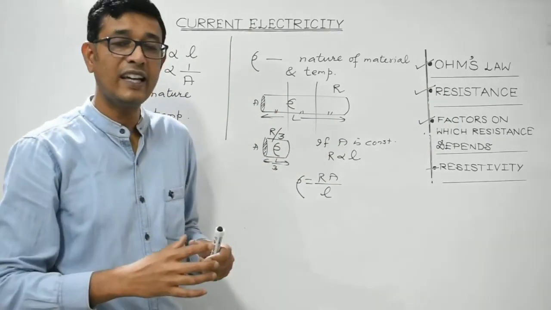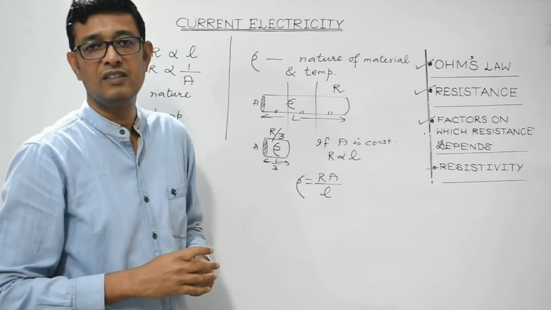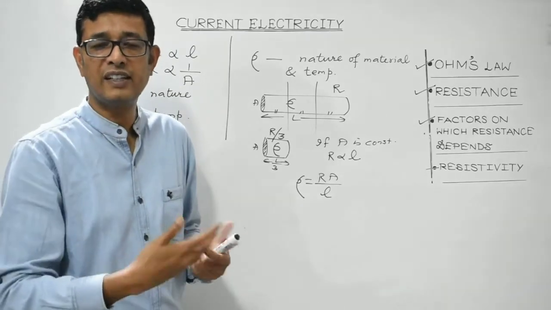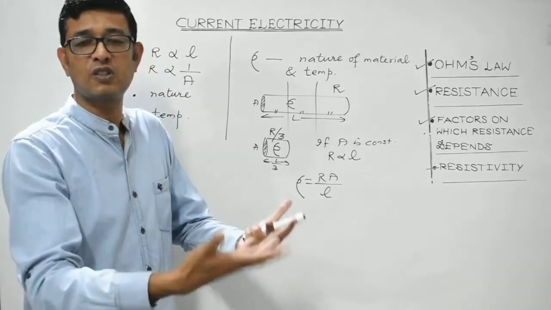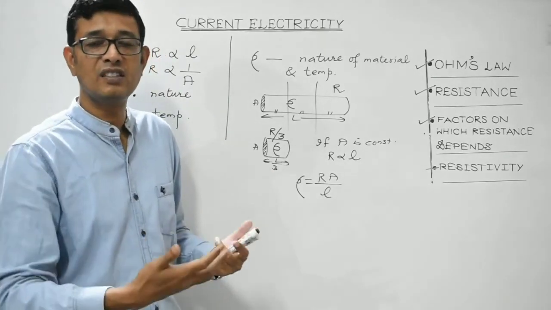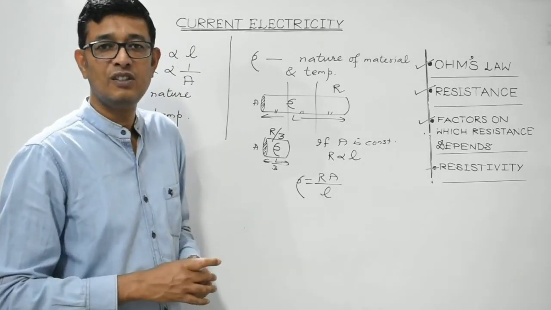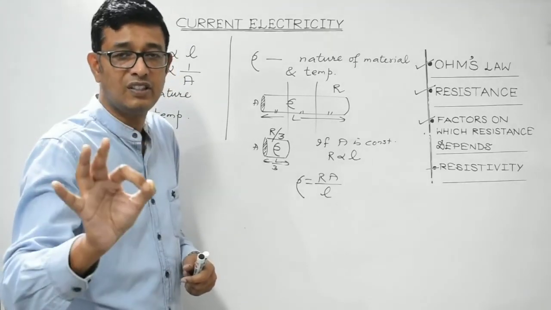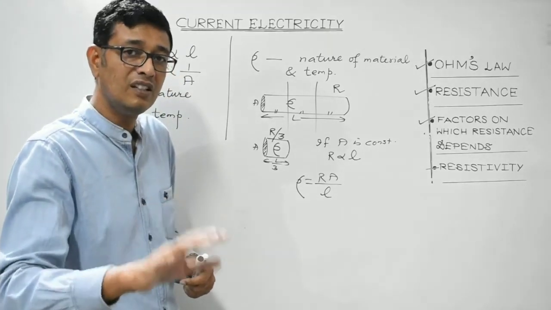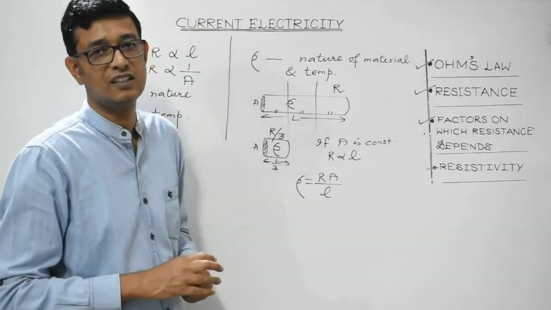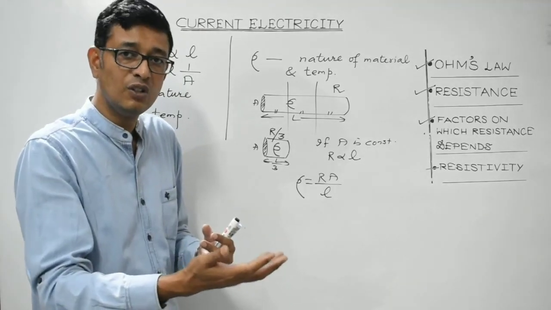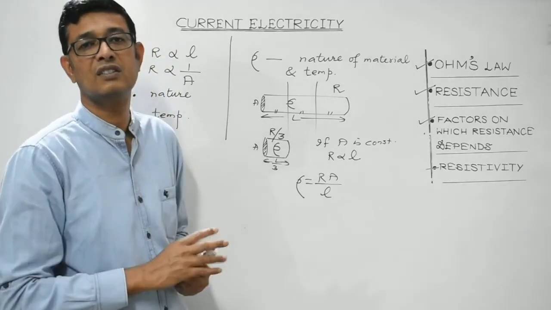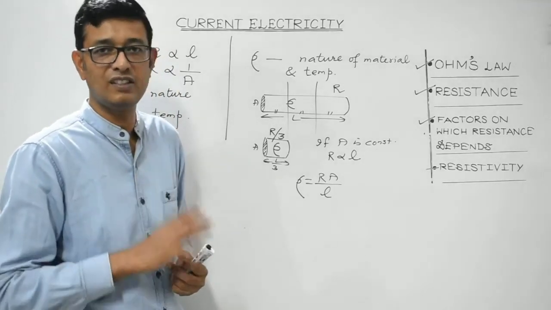That is, collisions take place more frequently. So obviously, more is the hindrance, more is the obstruction. So more is the resistance or more is the resistivity. So always remember, resistivity increases with the increase in the temperature of the conductor. So if the resistivity increases with the increase in temperature of the conductor, so will the resistance also increase with the increase in the temperature, right?